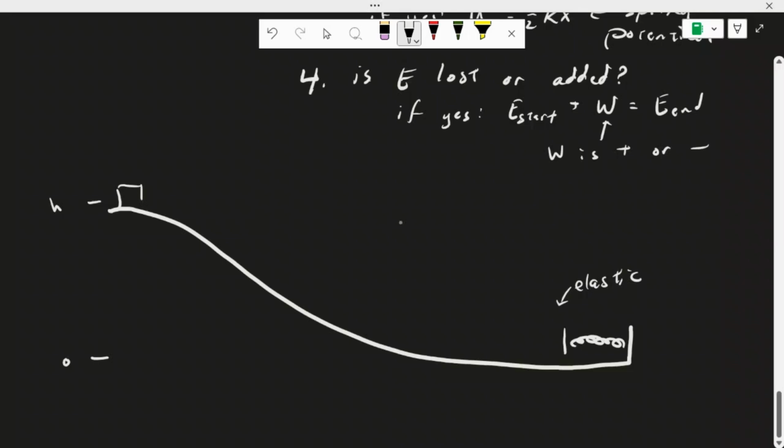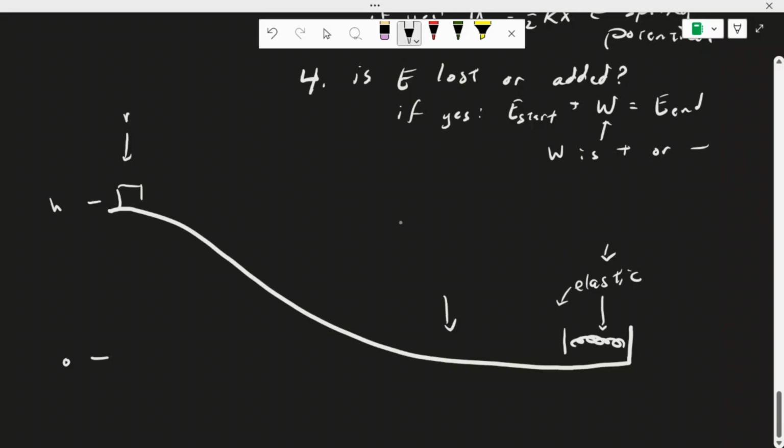Because if we don't, then we have to use momentum, and we don't know how to do that yet. At the beginning, I'm going to look at 3 points: the beginning, right here, and once it completely compresses the spring.